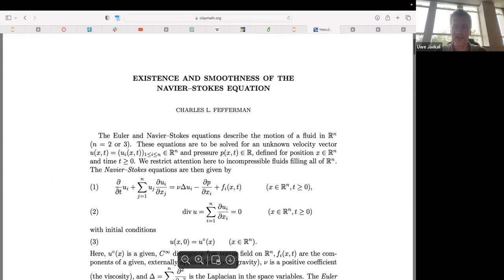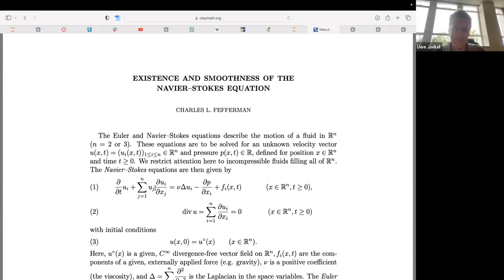Now let's look at the Navier-Stokes equations in n dimensions, n maybe 2 or 3. Actually, it can be defined in higher dimensions as well, but everybody would be happy with 2 or 3. And you see, it looks very, very similar. The left-hand side looks very similar.